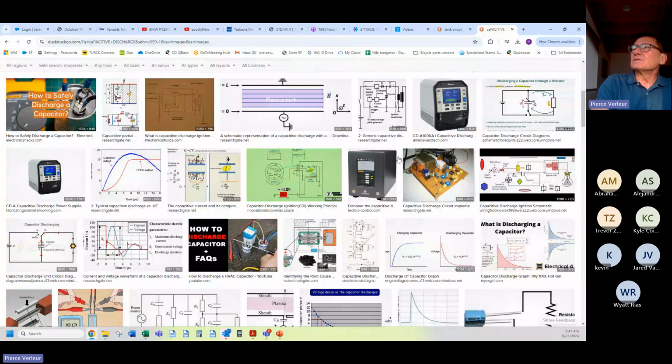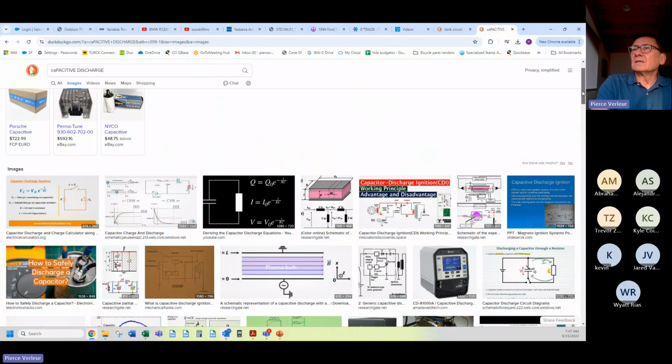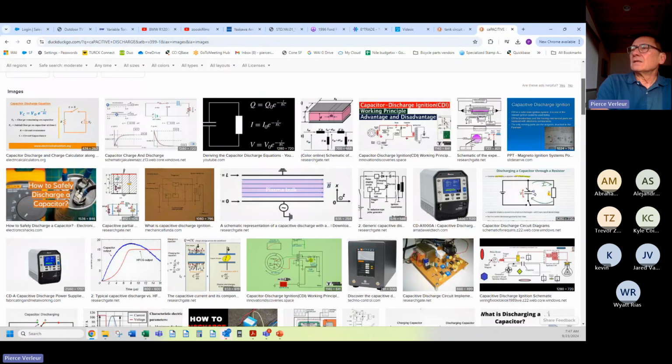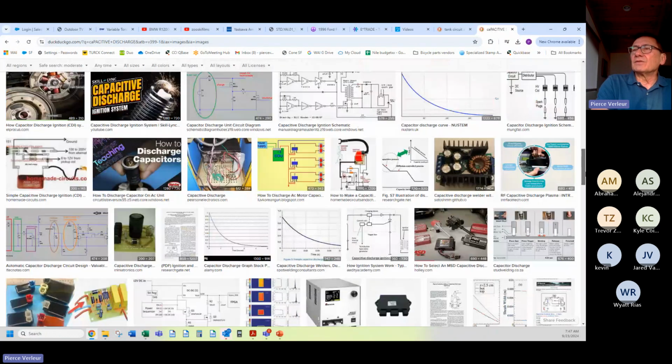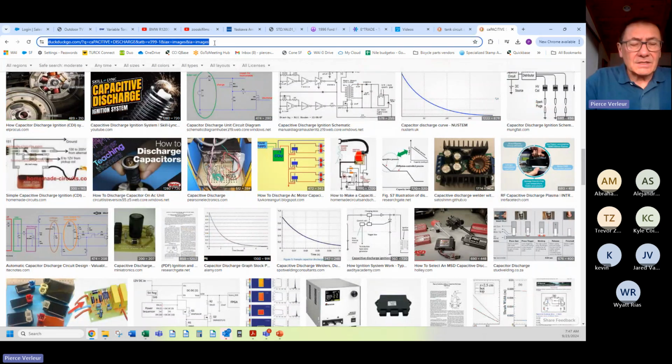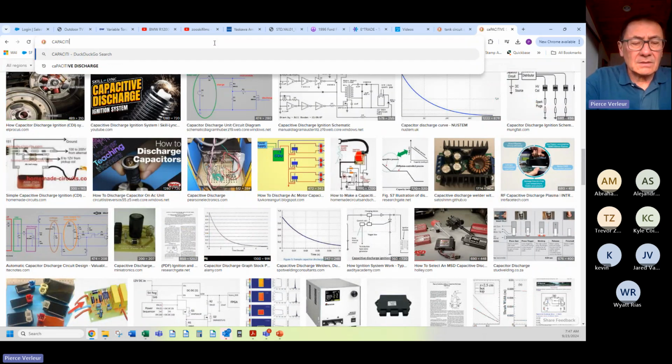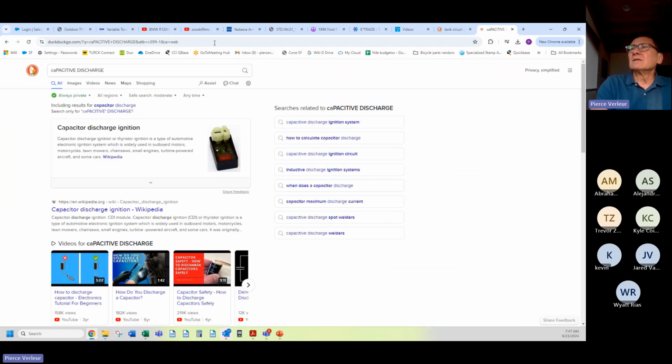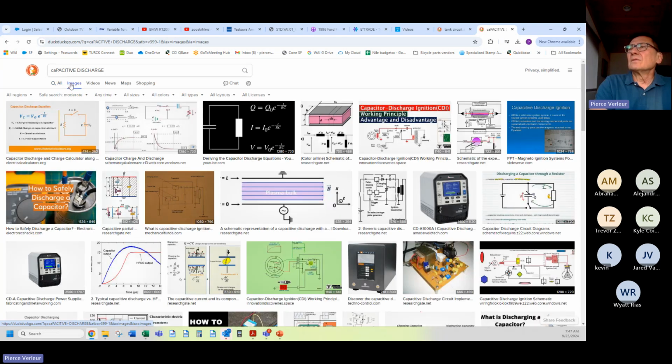Let's see, bear with me just one second, because I really want to show you what this looks like. That energy has to go somewhere, and if you're not sinking it to ground, it's going to go across conductors. Didn't spell it right. Why are you not giving me the picture I want?